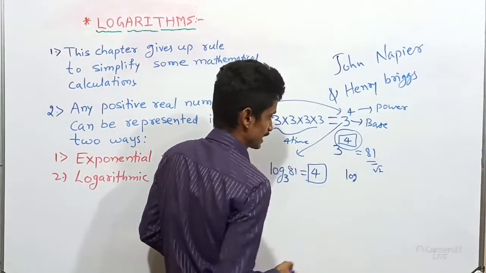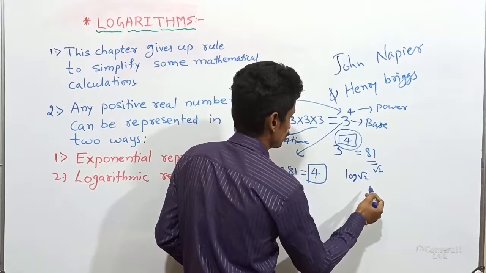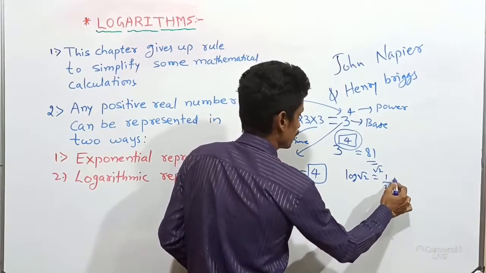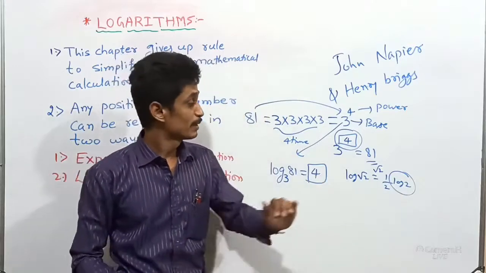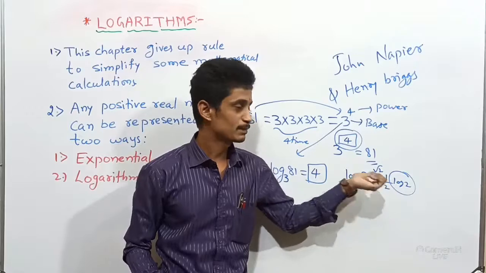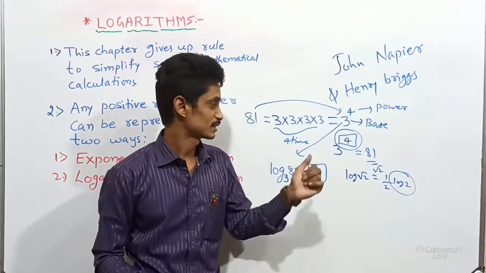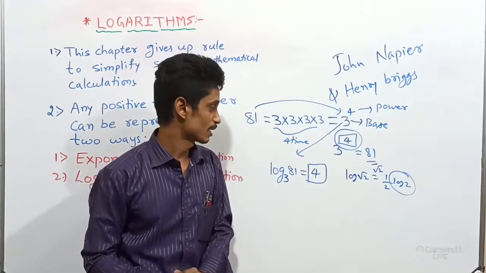At this time we easily calculate the root 2 value. Root 2 can be written as log of root 2. Afterwards we modify it to 1 by 2 into log 2. We have some specific table. By using that table we obtain the log 2 value. After that, if we multiply by 1 by 2, we get root 2. Like this we can also calculate any power numbers.